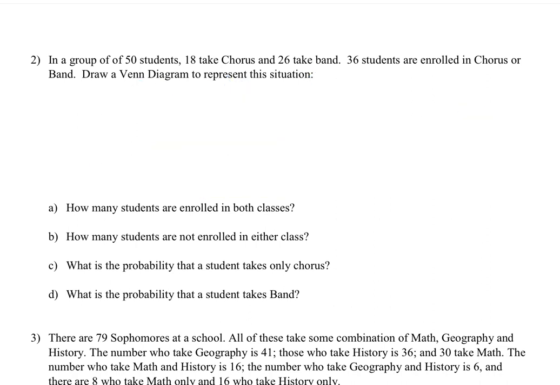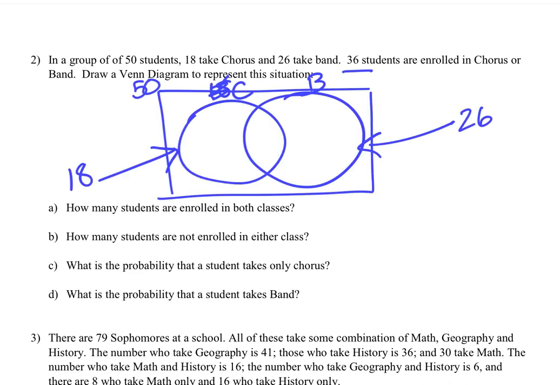Now 36 are enrolled in chorus or band. So this is how those formulas that I showed you are going to work. Chorus or band, as you know, is the two circles. When you add the two circles together, you should get 36 students.